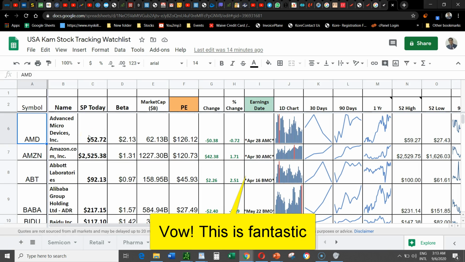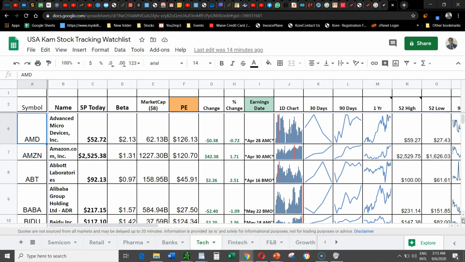It may or may not be a good time to buy AMD, but these quick charts show you things straight off, right? At the same time, if I scroll down and if I look at Alibaba, right, you can see that Alibaba is shooting up in last 30 days. It has also shot up in the last 1 year.